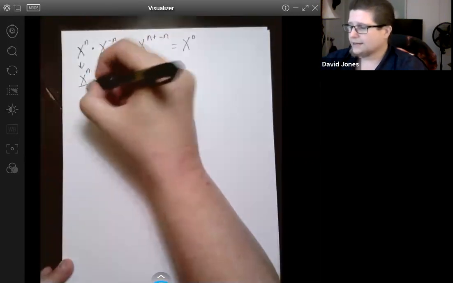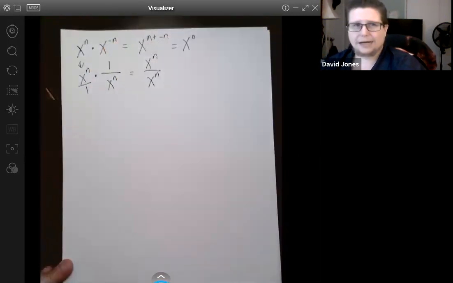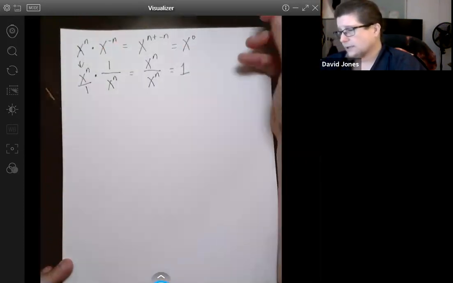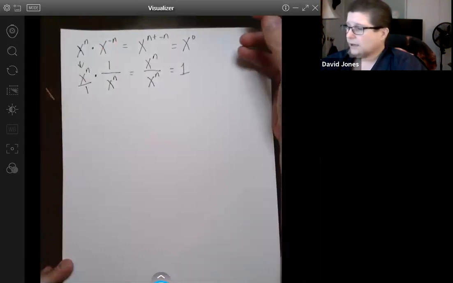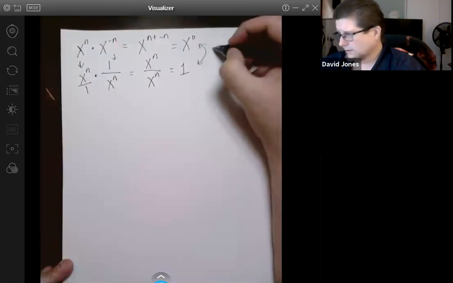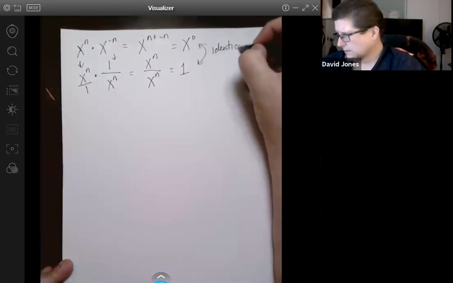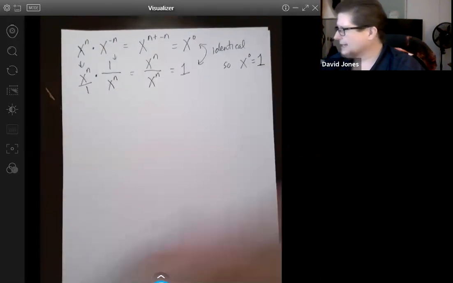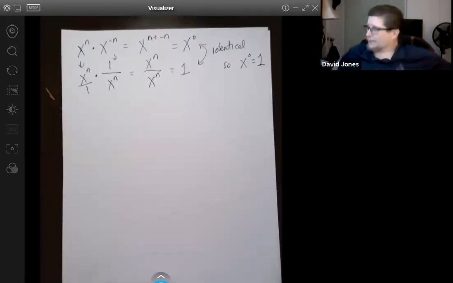You can make that a denominator of 1 and multiply the fractions. But anything divided by itself is 1. And these two things are identical. So x to the 0 equals 1. And I didn't say what x is, so anything works.